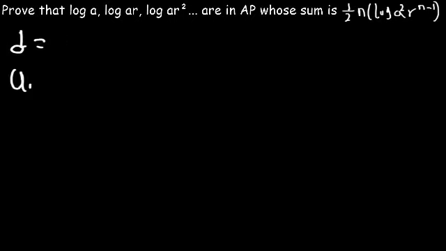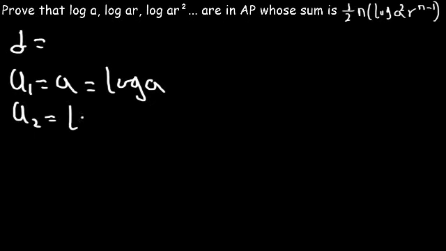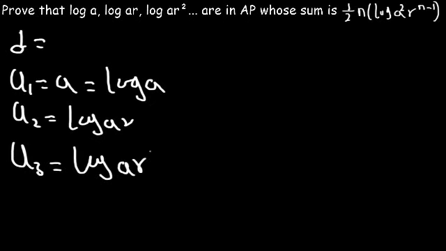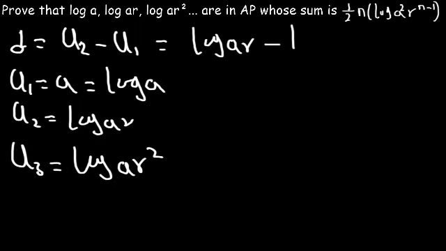We know that u sub 1, which is equal to a, is given to us as log of a. u sub 2 is log of ar, and u sub 3 is log of ar squared. Now the value of d is u sub 2 minus u sub 1. So that should be log of ar minus log of a.